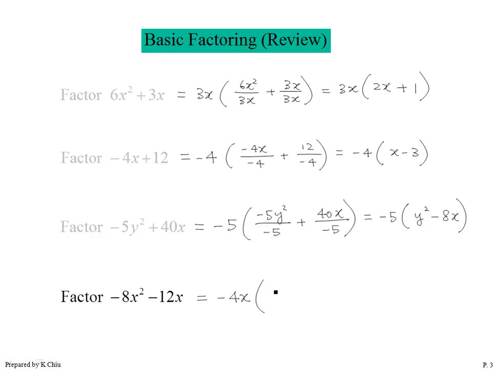It would be negative 8x squared over the negative 4x, minus 12x divided by negative 4x.